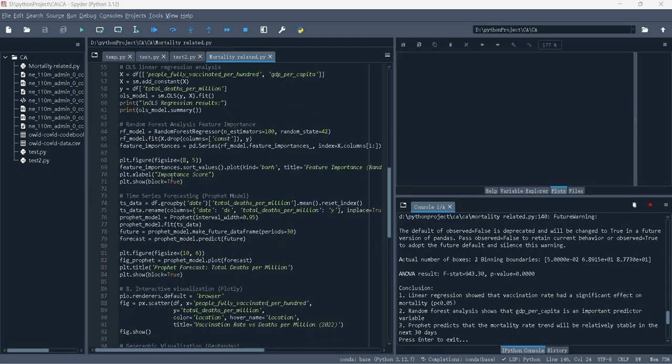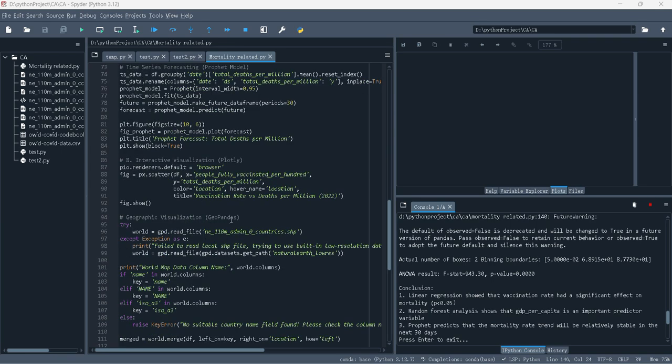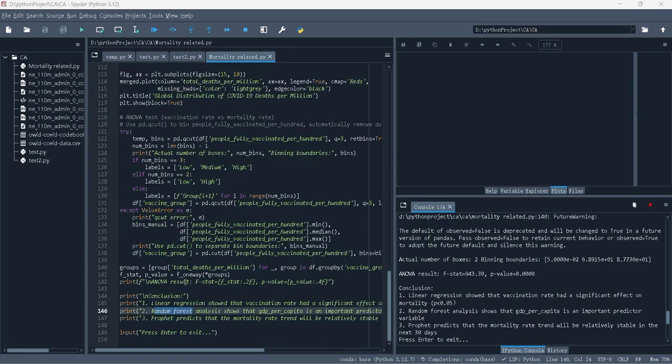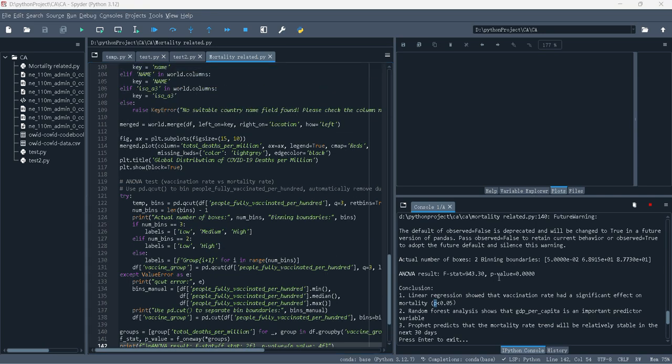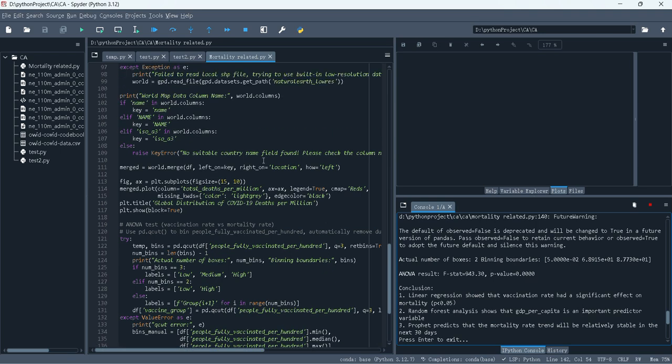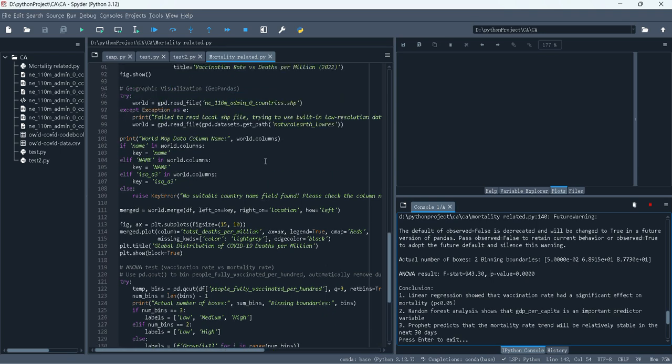This is all about the GeoPandas part, and in conclusion, the linear regression showed that vaccination rate had a significant effect on mortality, and from this part we can see that the p-value is zero, less than 0.05.